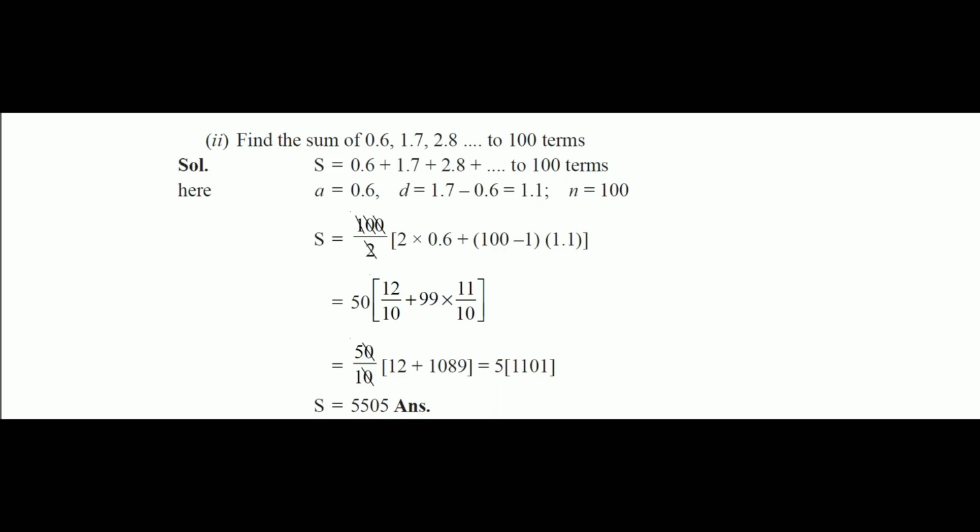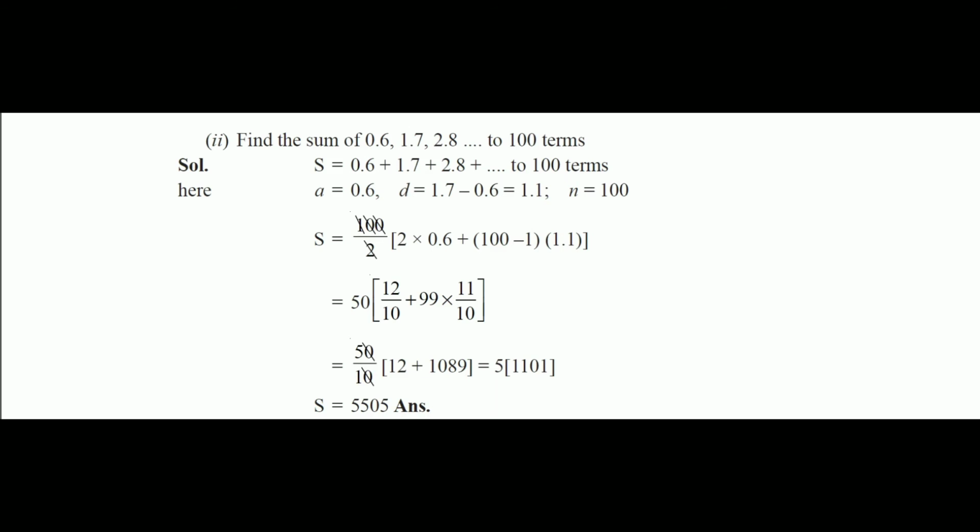The first multiplication becomes 12 by 10 plus 100 minus 1 is 99 into 1.1 written as 11 by 10. 10 is in both the terms inside the bracket. We take it common and outside it becomes 50 by 10, and inside the bracket we have 12 plus 99 into 11 becomes 1089.